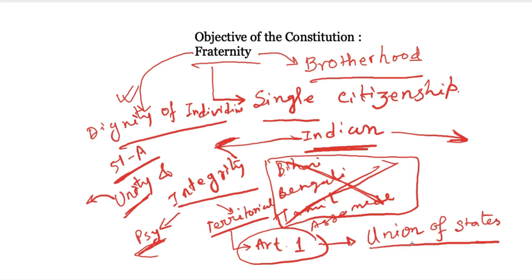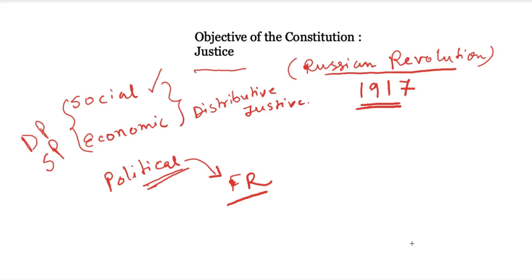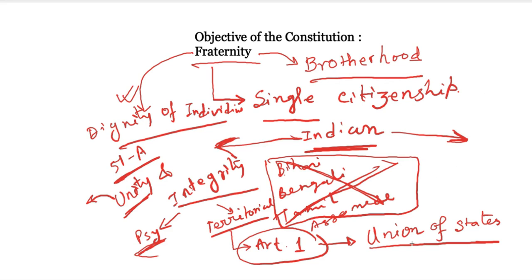Psychological integrity has already been obtained, that we are all Indian, and then comes the territorial integrity. This is how the Constitution aims to achieve justice, liberty, equality, and fraternity. The Preamble gives a sneak peek into the Constitution.